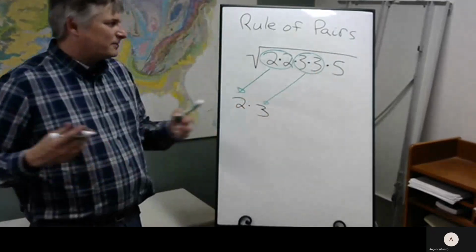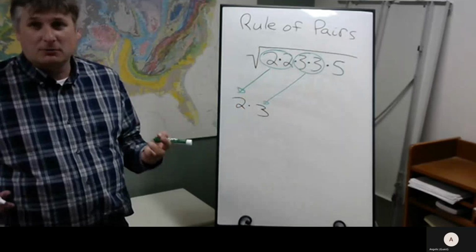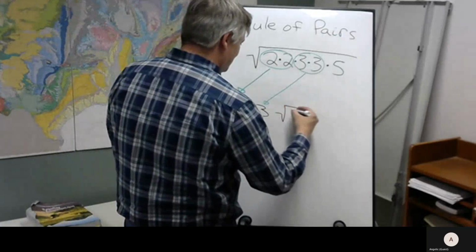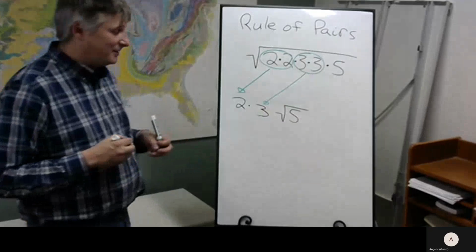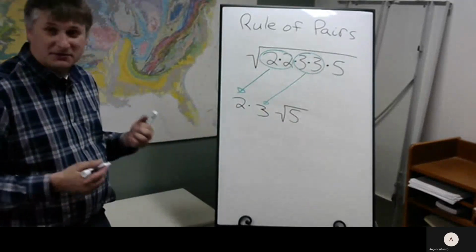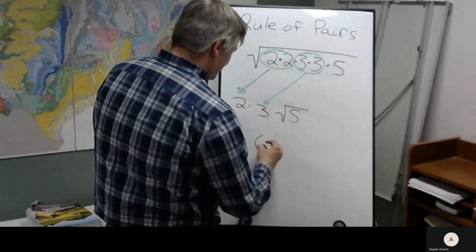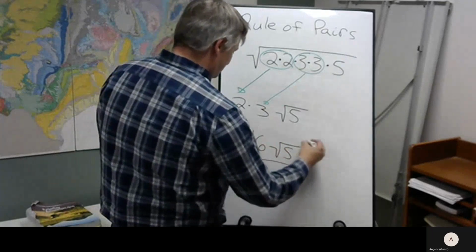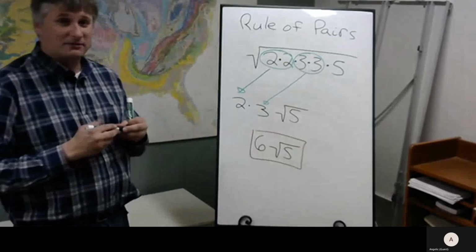And then whatever didn't pop out using the rule of pairs stays behind. So you're going to get something like this. And so what we're left with is 2 times 3, which is 6. So this will become 6 square root 5.